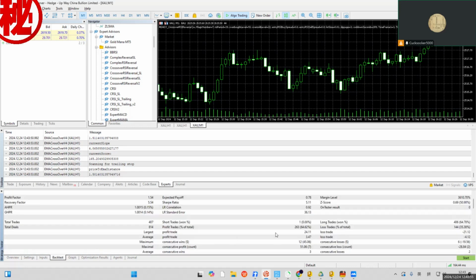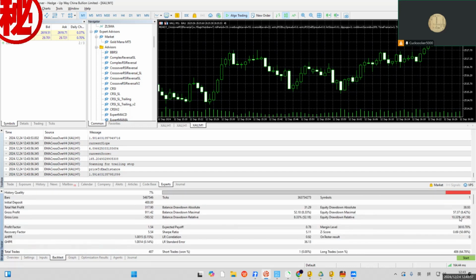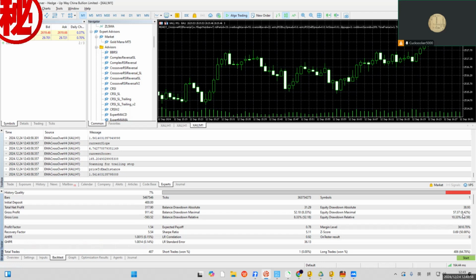And if I want it to be 30, I can triple my lot size, so it's $150 per 400. If I have a larger capital, I can make more money out of it. I'm going to only risk 1% per trade, and I want the maximum drawdown to be below 30%.